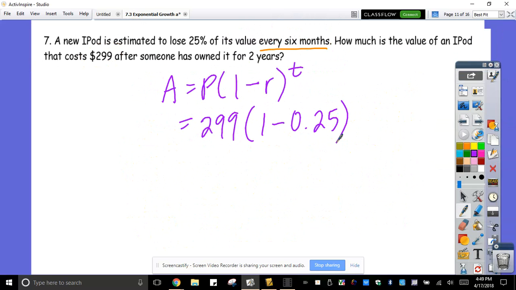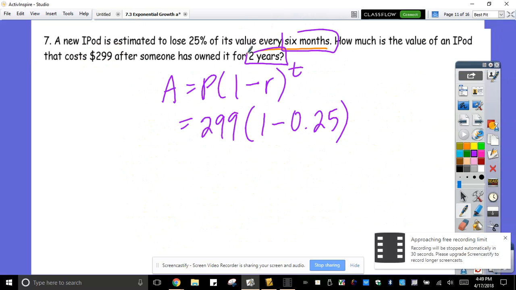But here, how many 6 months are there in 2 years? There will be 4. So therefore, it's going to be 0.75 raised to the 4th power, times 299. That gives us $94.61. Okay? I'll continue going over the review in the second part.